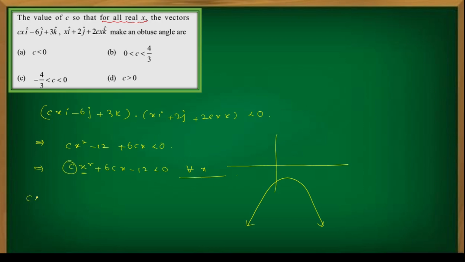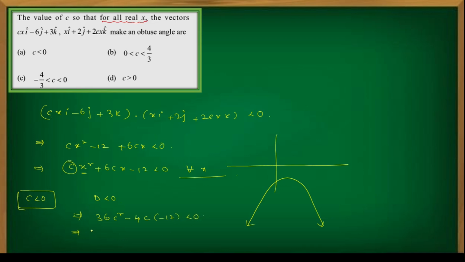That's the first point: c should be negative. And it should not have any real root, so the roots are complex or imaginary, which means the discriminant is negative. Discriminant: b square, 36c square, minus 4 into a into minus 12, should be negative.